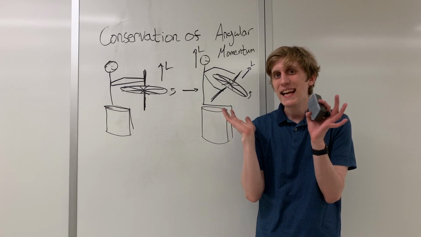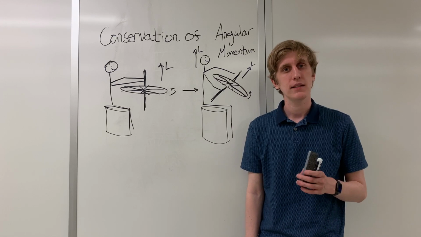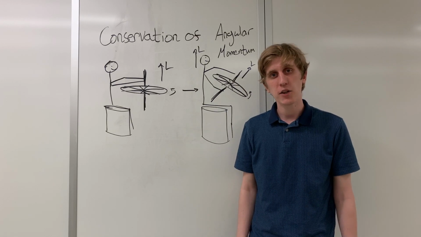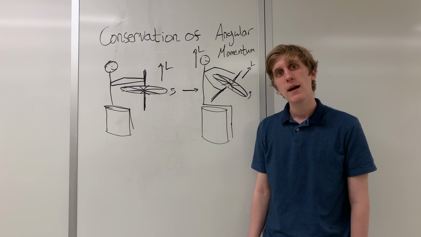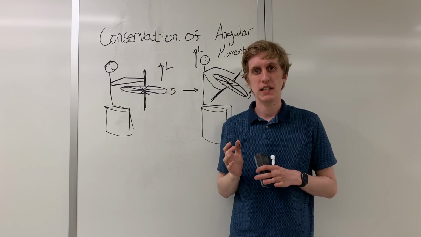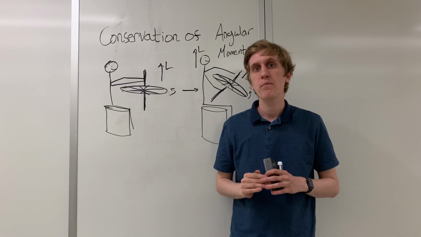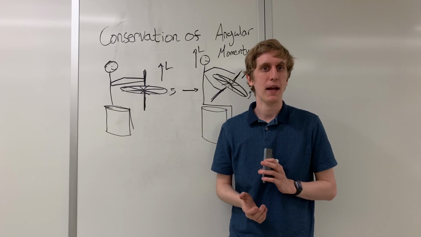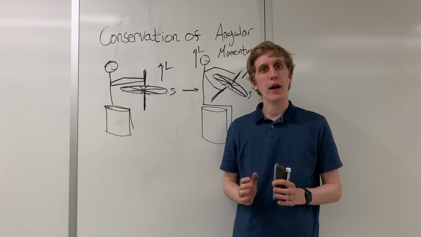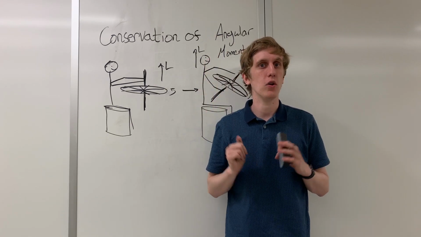So it's not exactly correct to say that no torque is being applied to the system. There is actually a torque that's being applied from the ground on the stool. But because of the way the system is set up, we can't actually see the effects of that torque. And so we're not going to worry about it here. We're only going to be worrying about the component of angular momentum in the vertical direction.